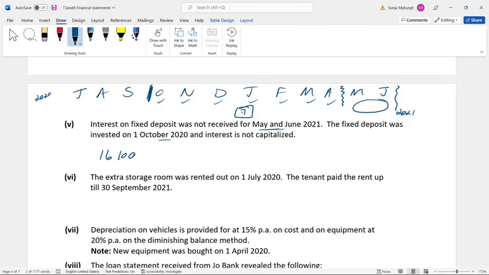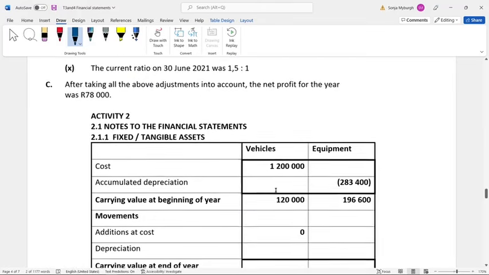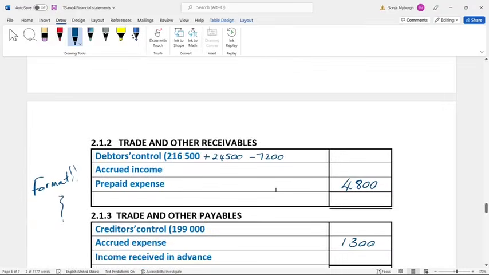But that was for 7 months, and we know 2 months is still receivable. So we still need to receive 4,600 Rand for interest on fixed deposit, which is accrued income, which is an asset. Trade and other receivables, accrued income, the 4,600 that we still need to receive for interest on fixed deposit.